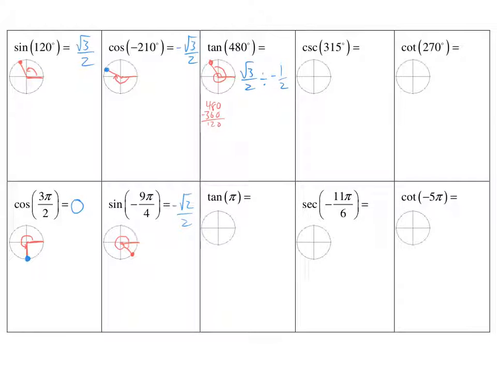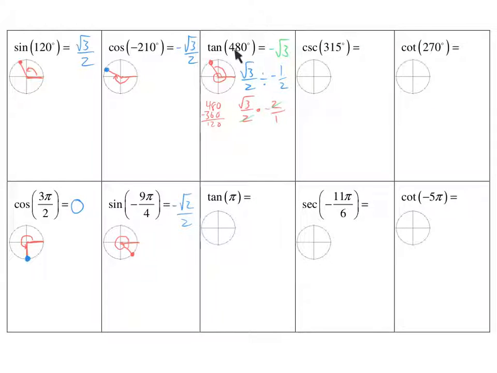Now when you divide, you have to flip and multiply. The 2's divide out, and you get negative square root 3.